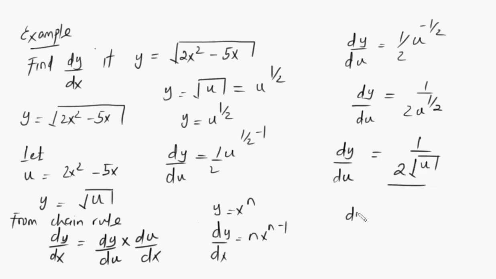What about du/dx? Because remember the chain rule, I take dy/du times du/dx to get dy/dx. So I have my dy/du here, which is just equal to 1 over 2 radical u, but my u is just equal to 2x squared minus 5x.